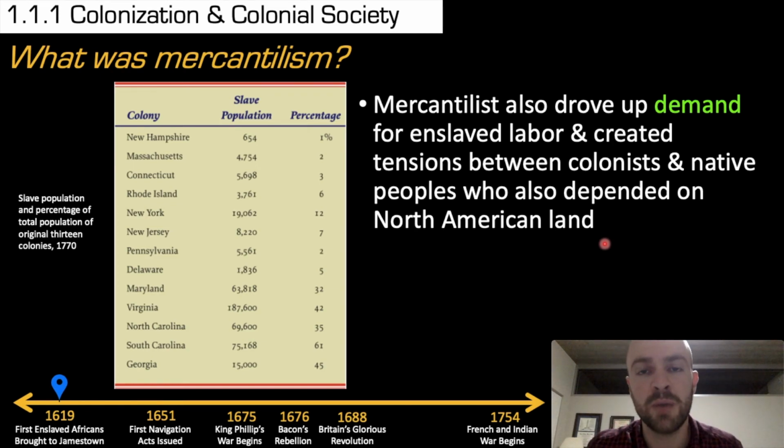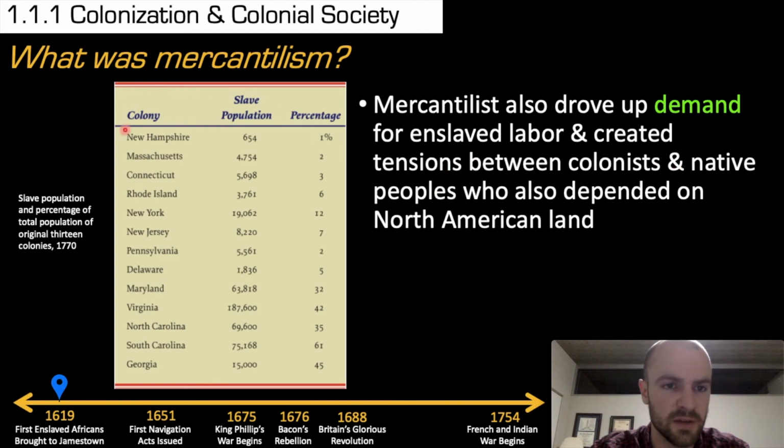You don't have to pay workers if you are using enslaved labor. And as more and more enslaved labor came to the 13 colonies, you really saw slavery expanding westward. You had bigger and bigger plantations being developed and encroaching on native land.